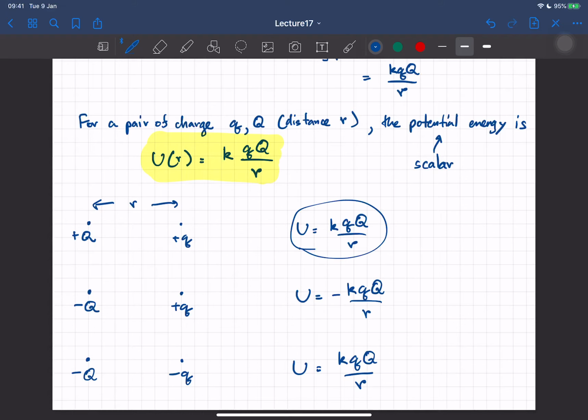Because that's what nature wants to do, right? That's what the system wants to do, is to lower the potential energy. So how can it lower the potential energy? It can lower the potential energy by increasing R. By increasing R, you increase the denominator, so the value for U is lower. So increase R to lower U.